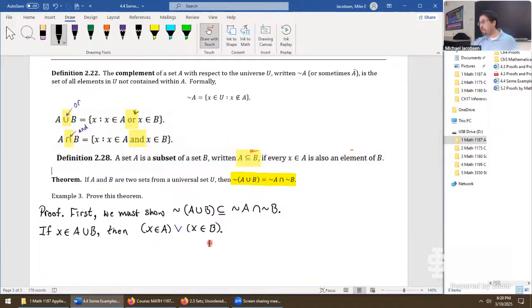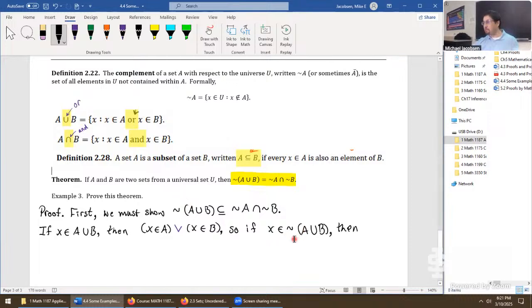But now we say where we really want X to be. It's going to be in the complement of A union B. So let's add to our sentence. So if X is an element of the complement of A union B, then we get to say this next new statement.